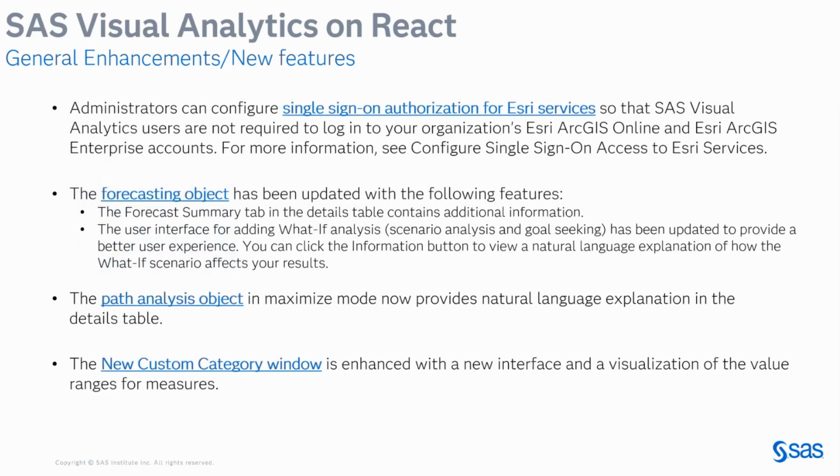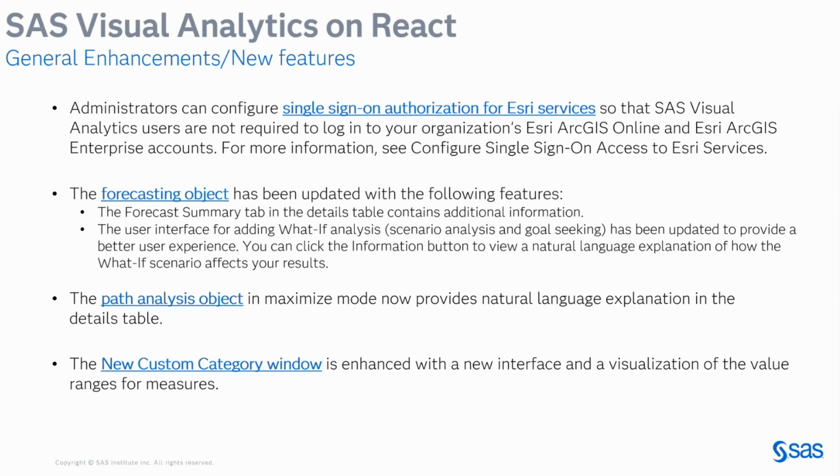I mean, there are some other things that have been enhanced or added. For example, if you are using S3 services, you can now configure a single sign-on authorization, which is very good. So you don't need to have individual S3 licenses to use these S3 services.